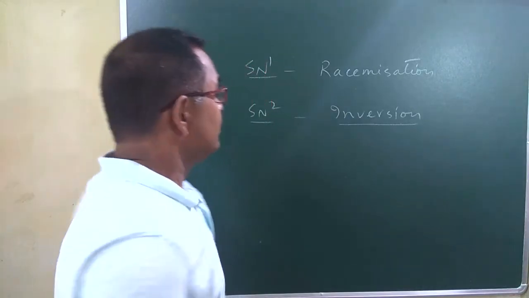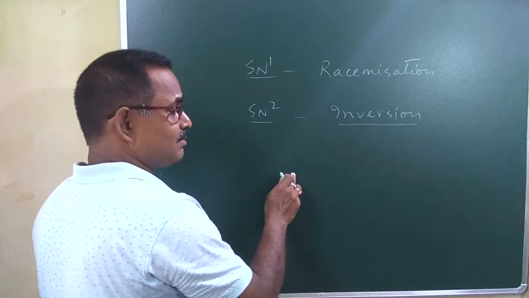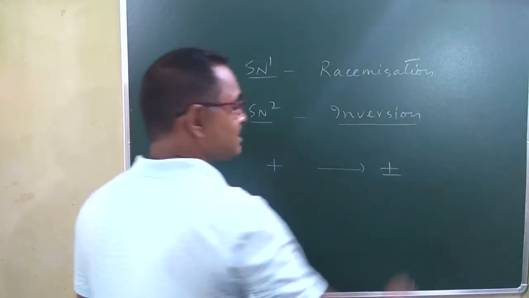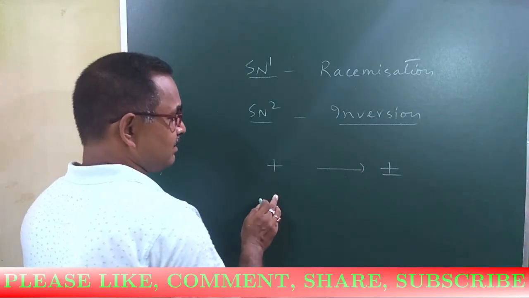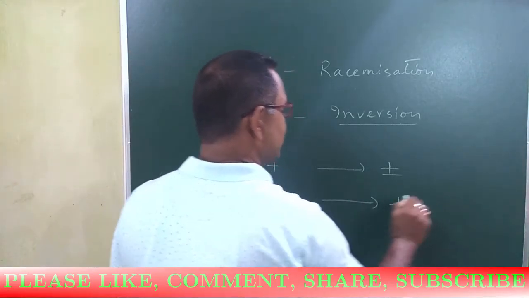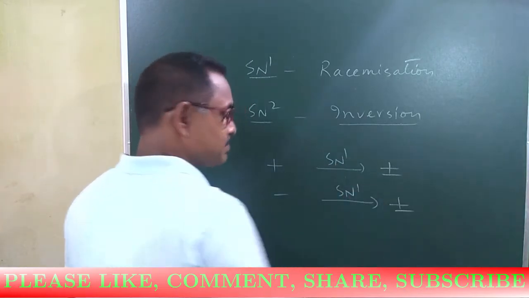So in SN1 reaction, what happens? Racemization results. Means starting from a plus compound, we get a racemic mixture, plus minus. This is called racemization. Similarly, starting from minus, we also get plus minus mixture in SN1 process.